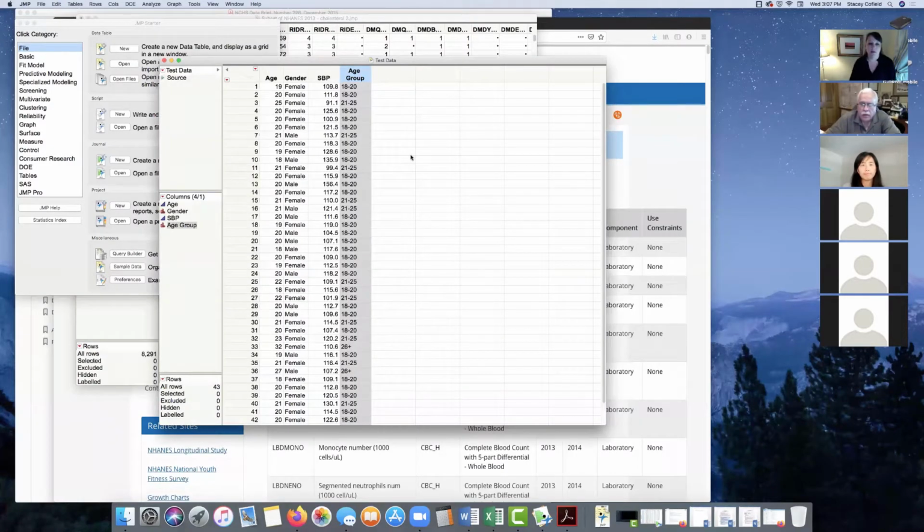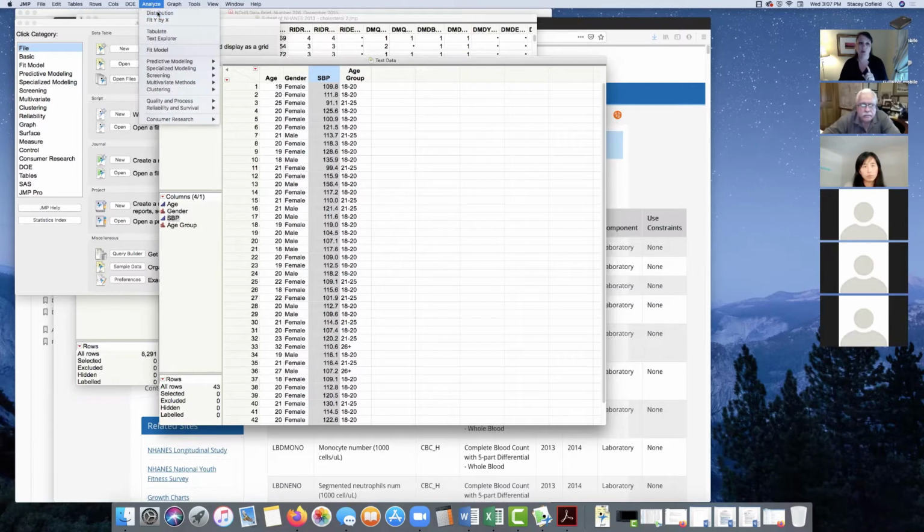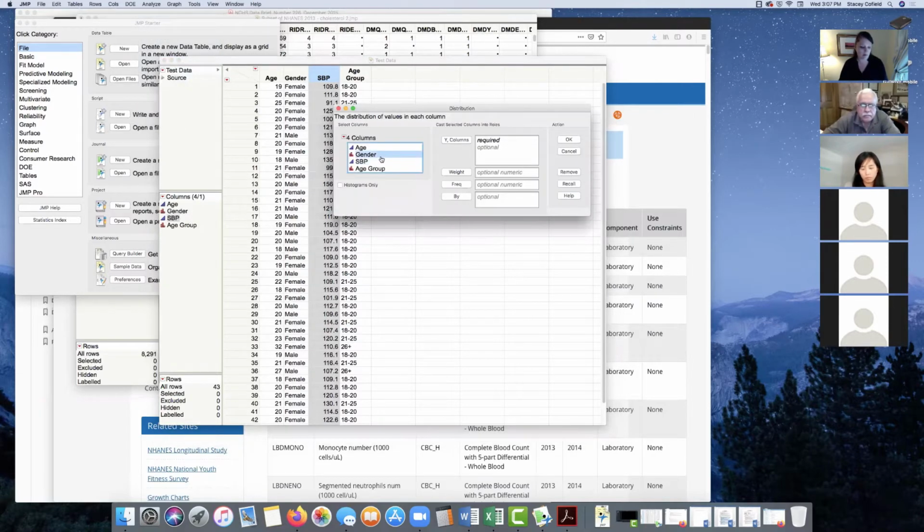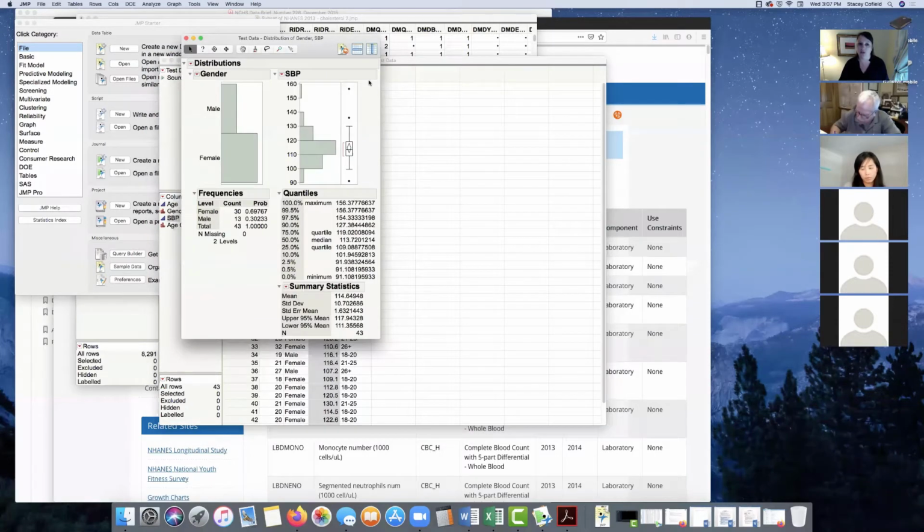Should be it. Okay, so for the example that I gave you, and this is just a made up data set, I do in fact have my 2 variables that I was talking about. Can you see this? Okay, so I've got gender and I've got systolic blood pressures. The first thing that I'd want to do is do a distribution on both of my variables, gender and SBP, so that I can investigate if there's anything weird or strange about the data.